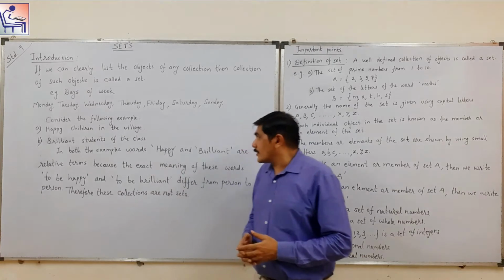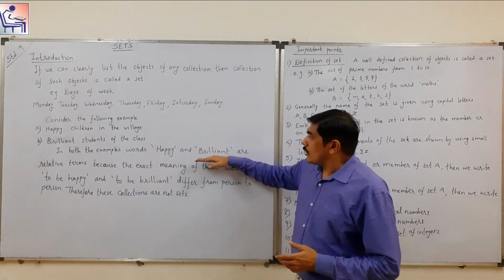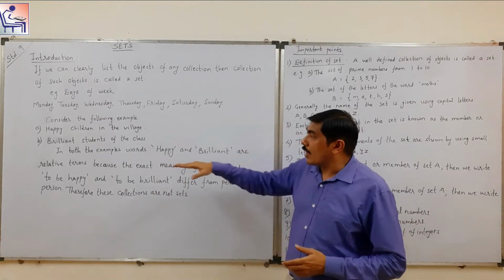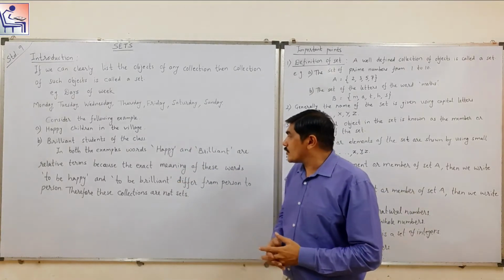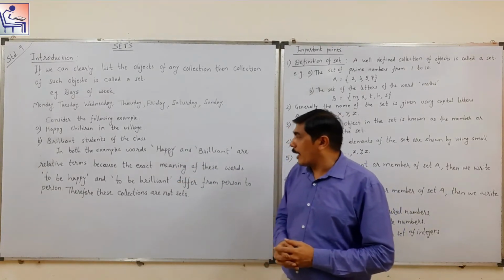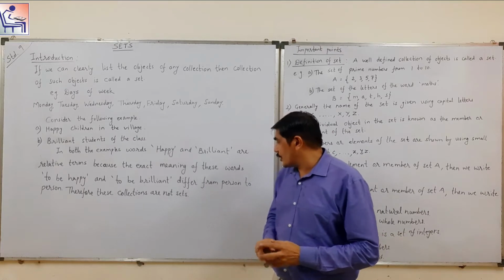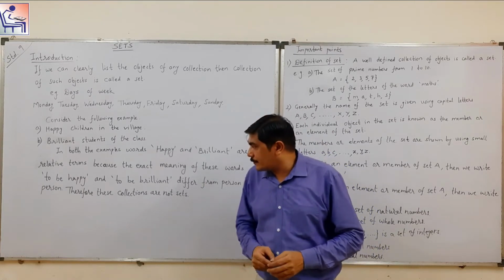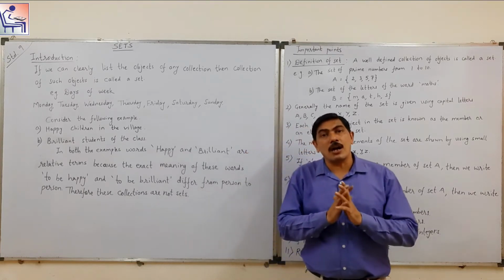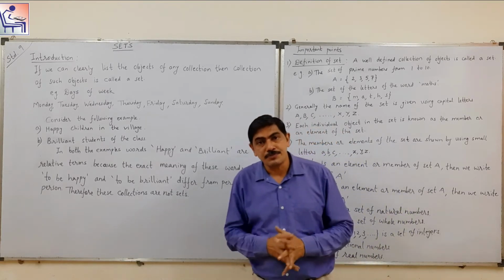So in both the examples, the words happy and brilliant are relative terms because the exact meaning of being happy and being brilliant differs from person to person. Therefore, these collections are not sets.